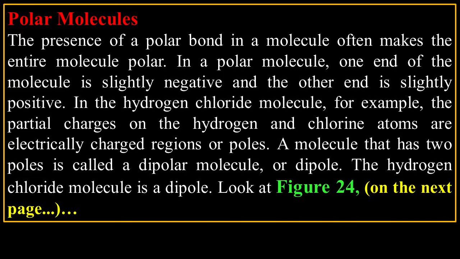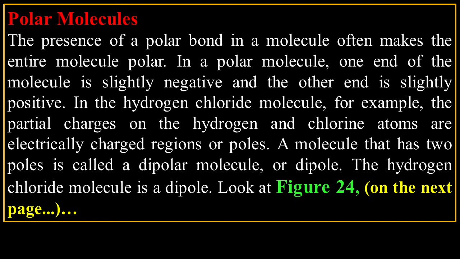The presence of a polar bond in a molecule often makes the entire molecule polar. In a polar molecule, one end of the molecule is slightly negative and the other end is slightly positive. In the hydrogen chloride molecule, for example, the partial charges on the hydrogen and chlorine atoms are electrically charged regions or poles.